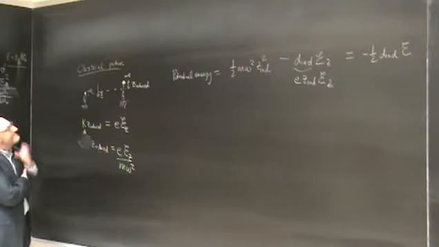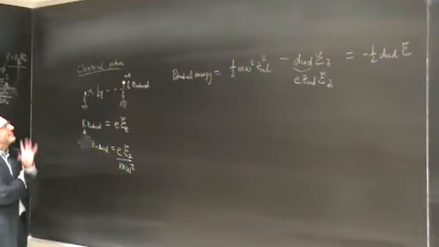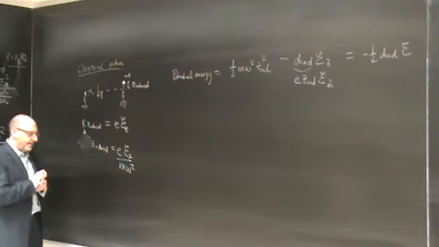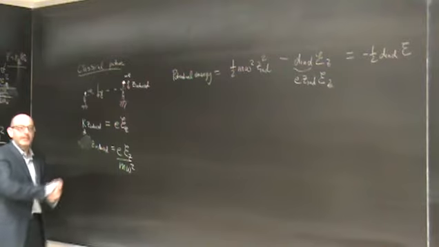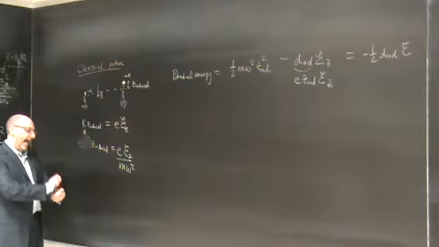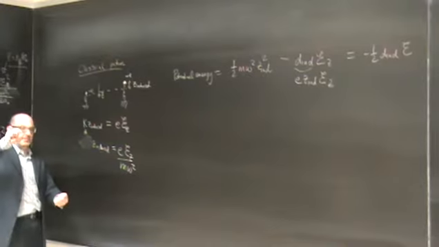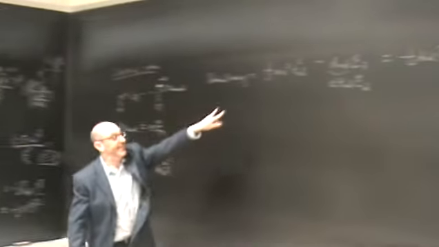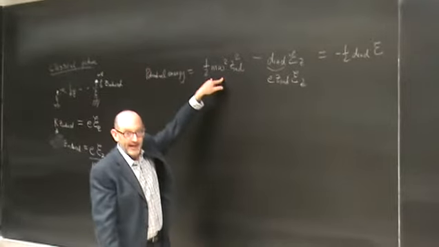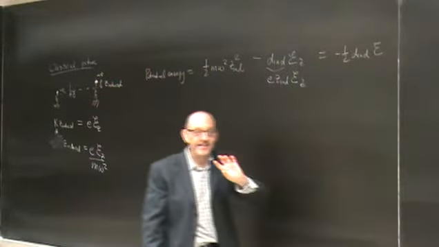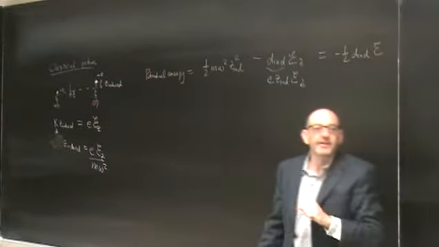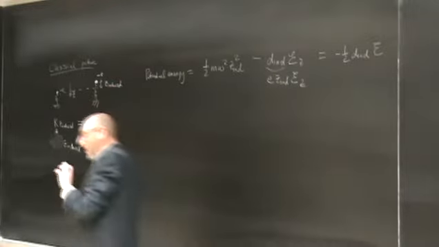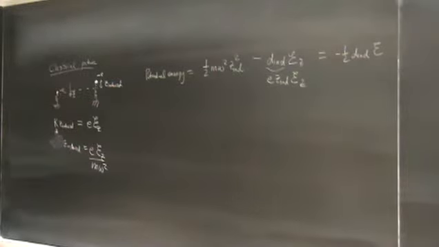Why I'm hedging, and I'm trying to think about what the precise way to say this is, of course, there's two energies. There's the energy associated with how much work it does to stretch the spring. That's this. Okay. Now there's another energy associated with the interaction of the charges with the fields.